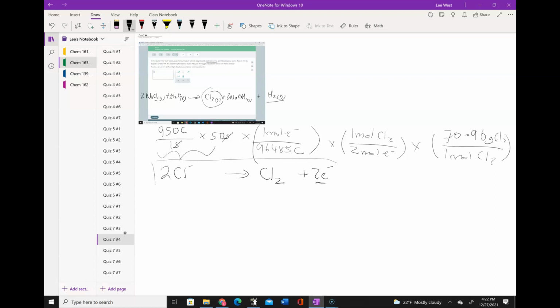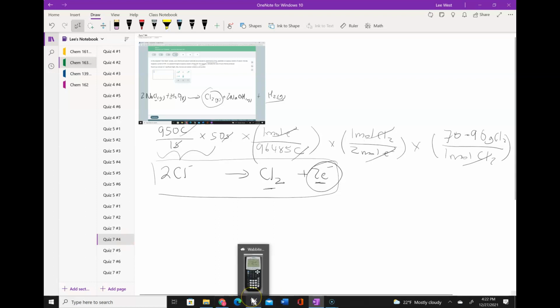And then finally, we realized that for every mole of chlorine that is produced, we have to pass 2 moles of electrons. So we could use that mole ratio to calculate the moles of chlorine gas, and then finally we use the molar mass to get there. Now, it's all a big dimensional analysis problem, really, right? And then we'll check our units, and sure enough, we get what we wanted, which is grams of chlorine.